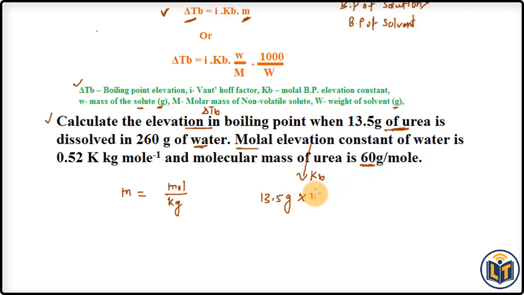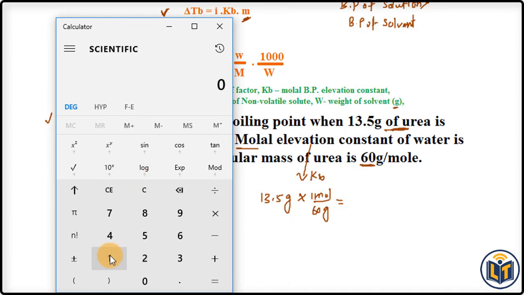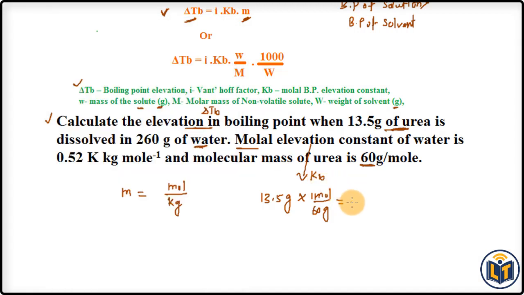It means that 1 mole has 60 gram urea. We can divide these values, and so we will get the moles of urea. At the top we have 13.5, divided by 60, and the value which we get is 0.225. These are the moles of solute.